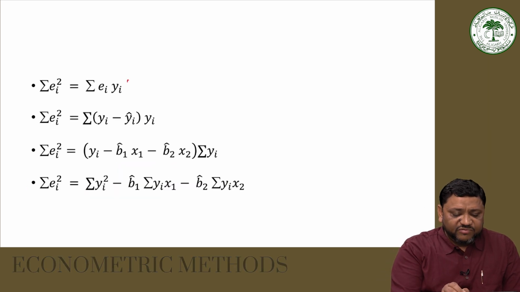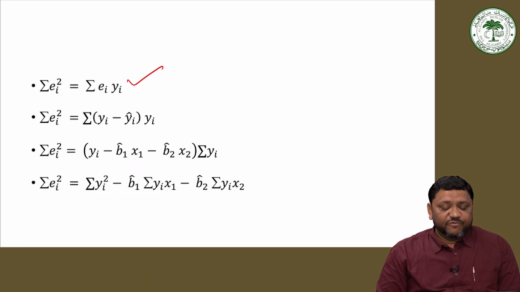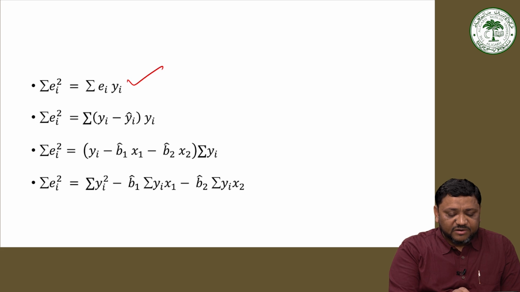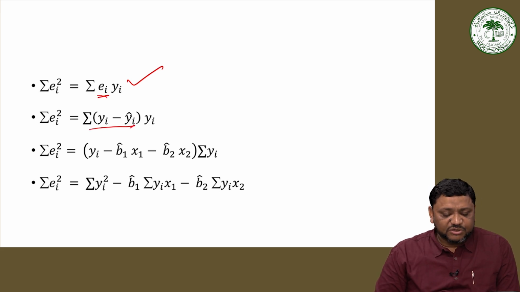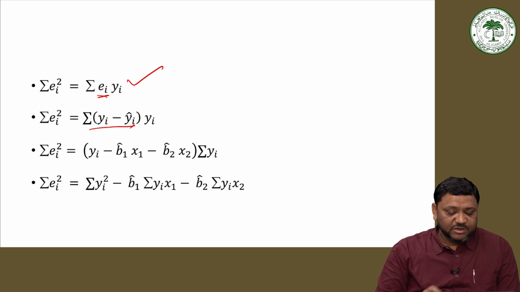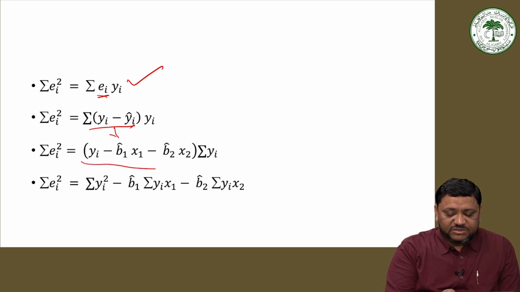Now, once we have this summation ei yi, in place of ei we write this term, that is yi minus yi hat. Now we open this, we get this term, and then we multiply with yi.